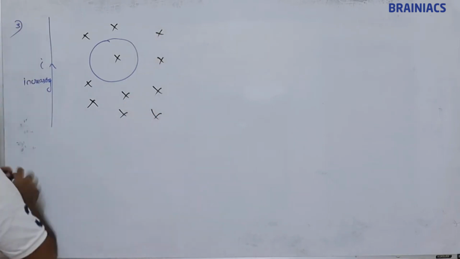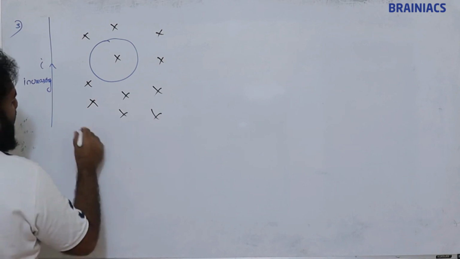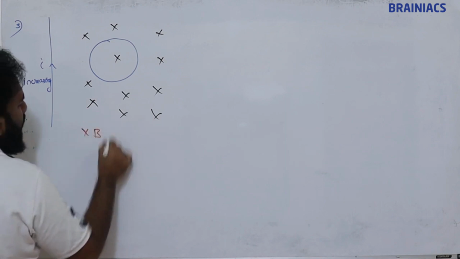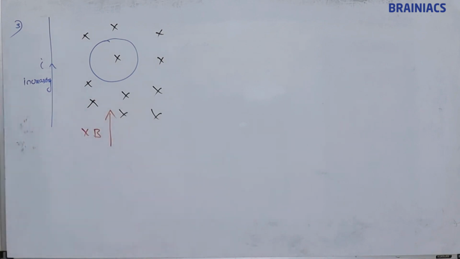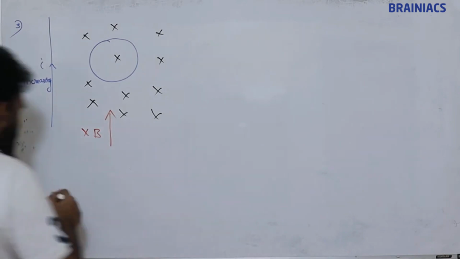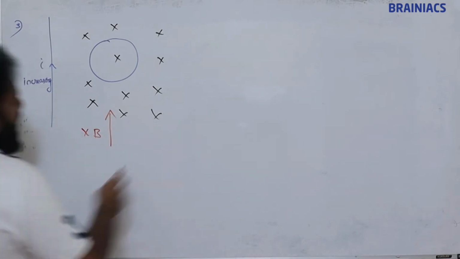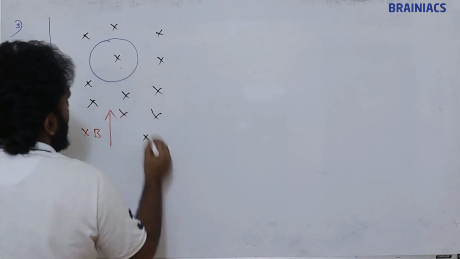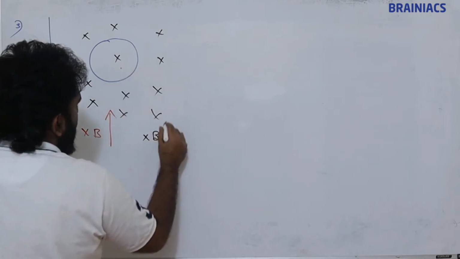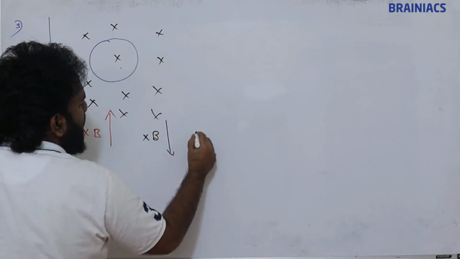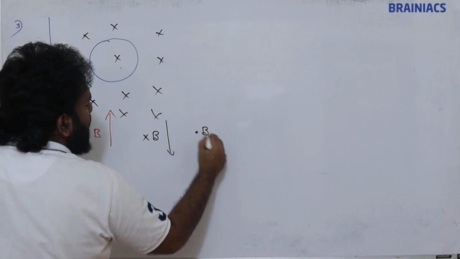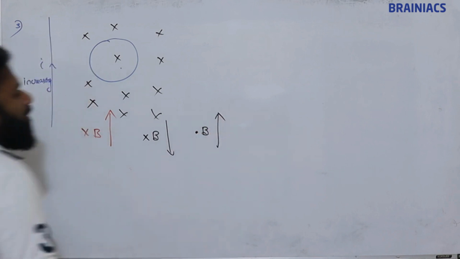Since I is increasing, the cross magnetic field is also increasing. So what do we need to do? We need to decrease the cross magnetic field due to this. So we should increase the dot magnetic field.